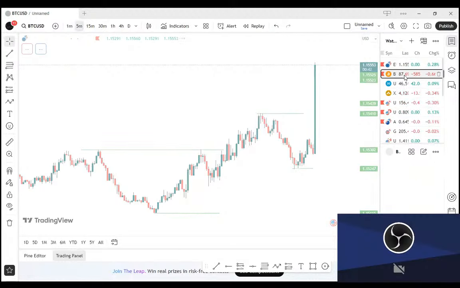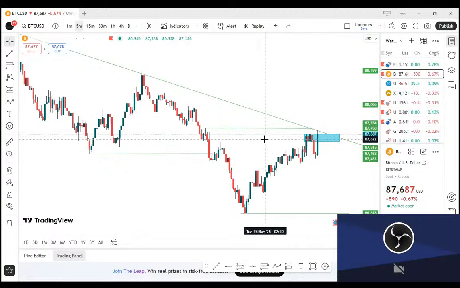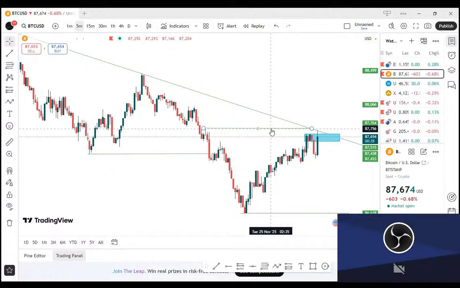So I think we can capture this BTC if you break out of that zone. So now we're waiting on this. Don't use zero now, take the one trade.